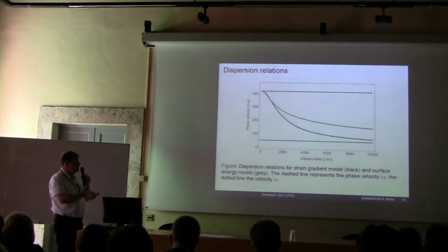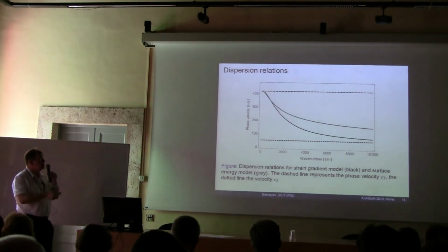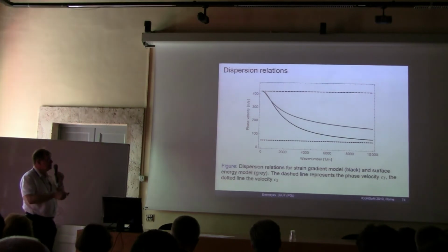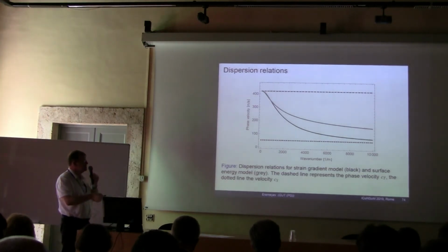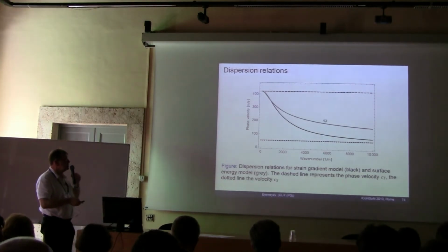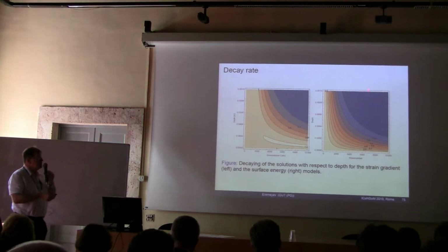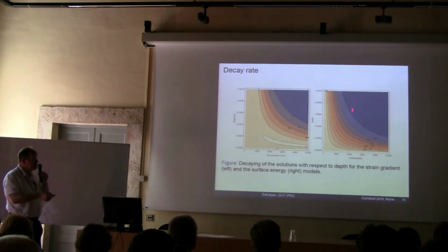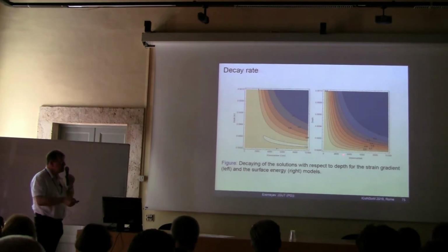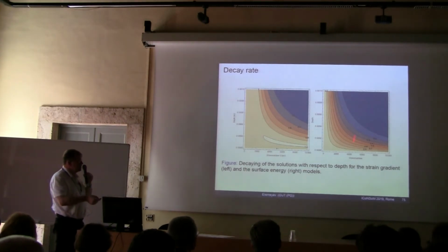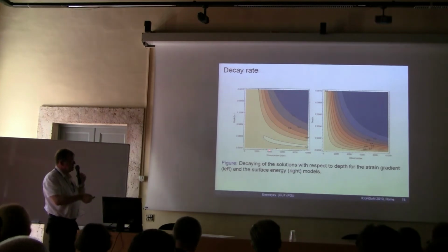So dispersion relations in general are the same. The dispersion curves for phase velocity look quite similar. They have the same limits. The difference is the decaying rate. In the case of surface elasticity, these waves decay faster than for strain gradient elasticity.